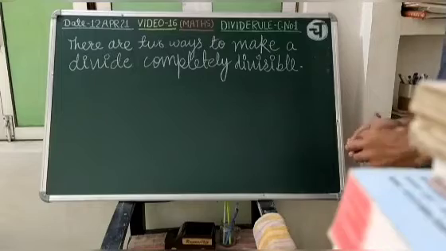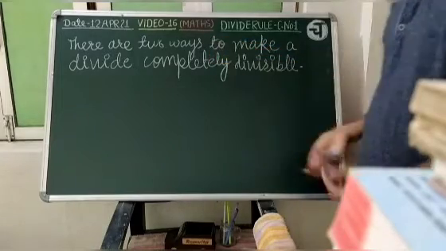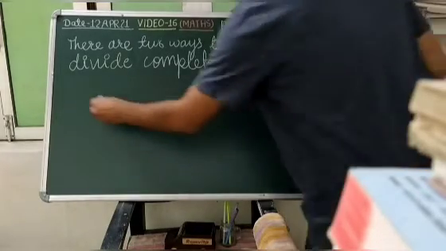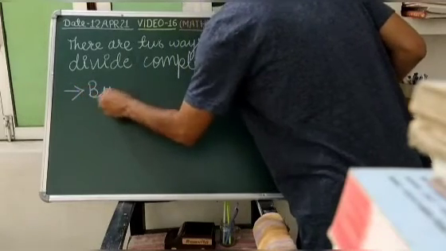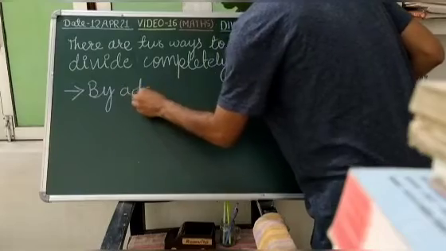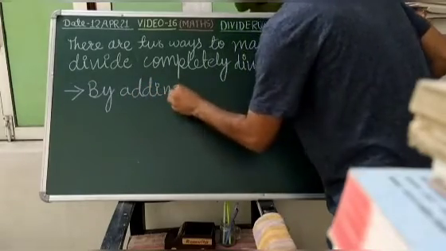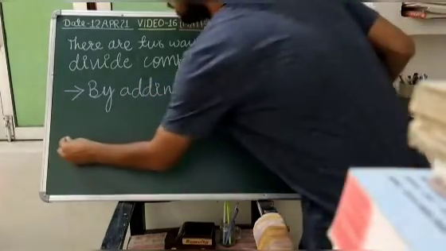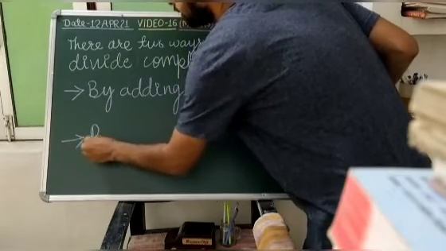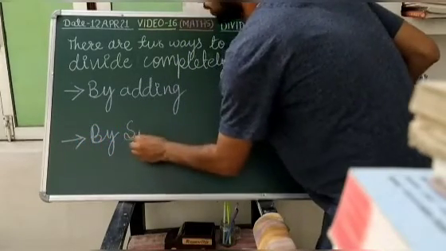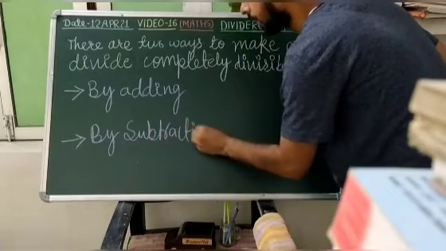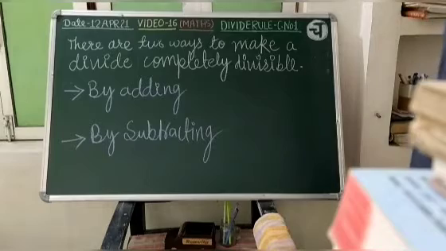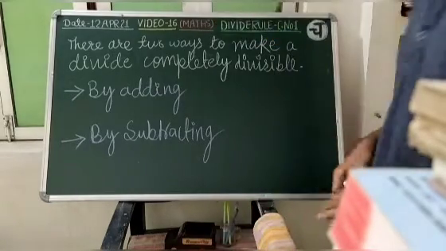That rule has two ways: by adding and by subtracting. So in adding, what do we add?